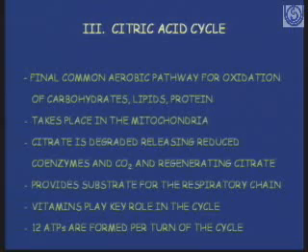I would like to remind you of a few things about the citric acid cycle. If you look at what I have put up, you will see that the citric acid cycle is a final common aerobic pathway for oxidation. There is no anaerobic citric acid cycle, only aerobic. It takes place in the mitochondria because the pyruvate, I told you, had already entered the mitochondria.